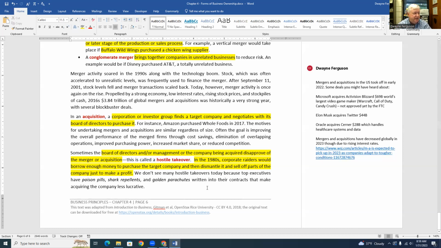So what did a lot of the boards do? Well, they set up things in their charter, in their bylaws, like poison pills, shark repellents, golden parachutes. So you could put something in like a poison pill that said, if this company is taken over, all the stockholders will be given 3 shares for every one they had, or something that would make the company that's taking them over step back.